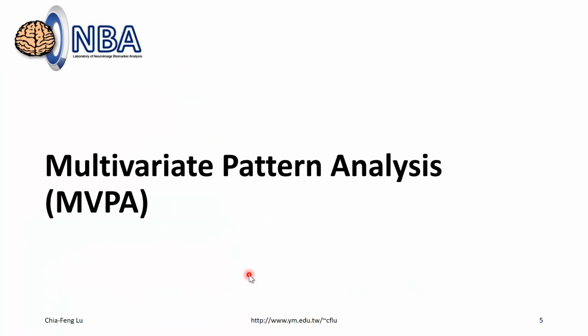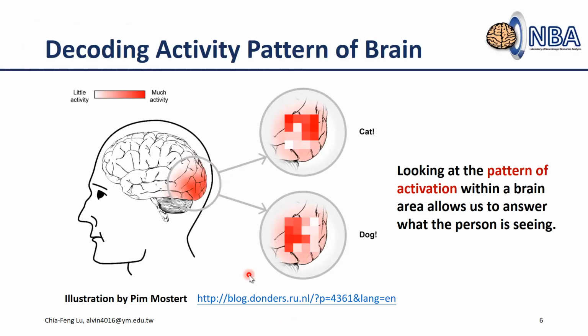Let's start from the very first part, the basic idea behind MVPA, multivariate pattern analysis. The key concept is that we are trying to look at the pattern of activation within a certain brain area.